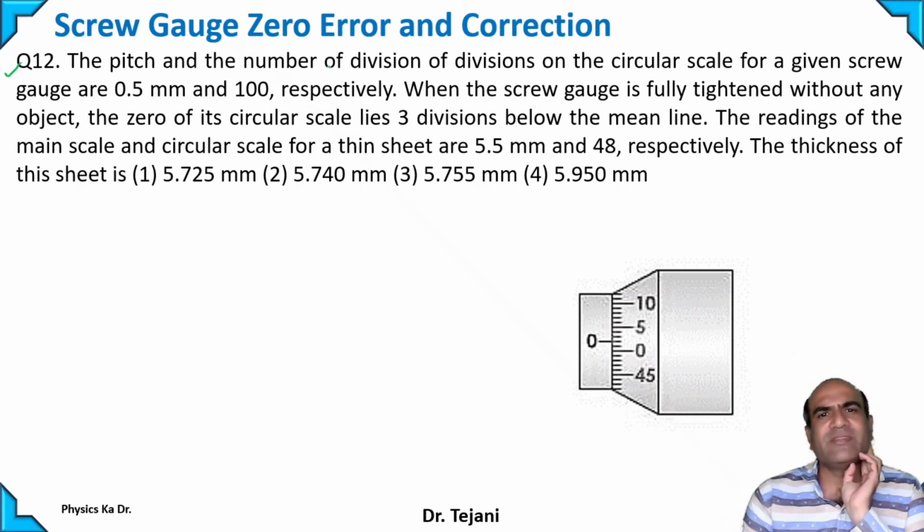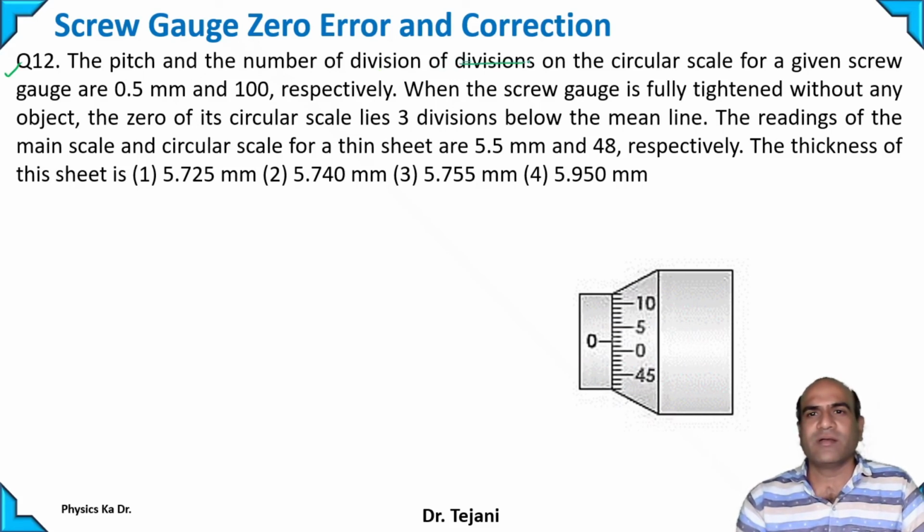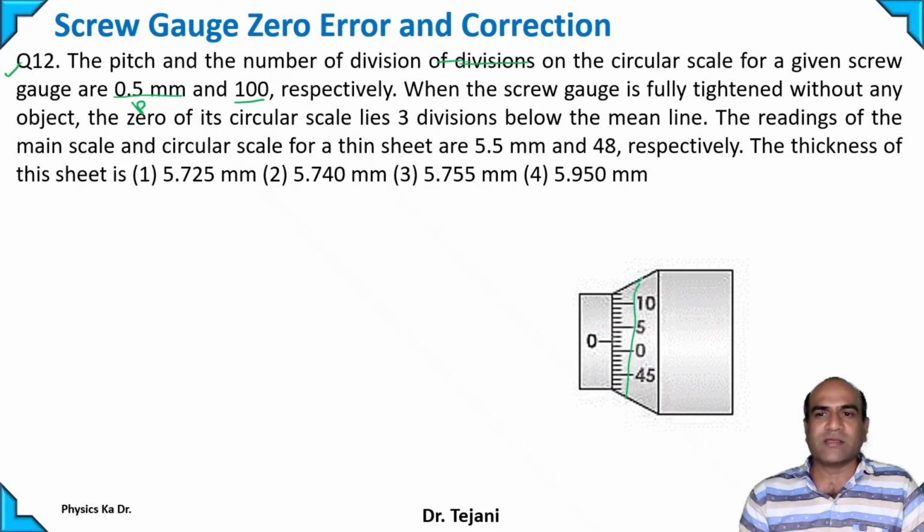The pitch and the number of divisions on the circular scale for a given screw gauge are given. 0.05 is the pitch, and then the number of divisions on the circular scale, the circular scale division.